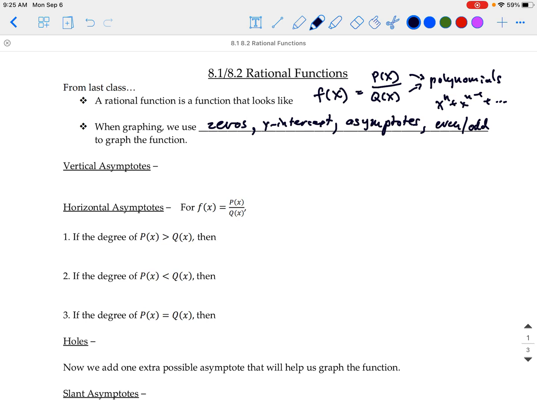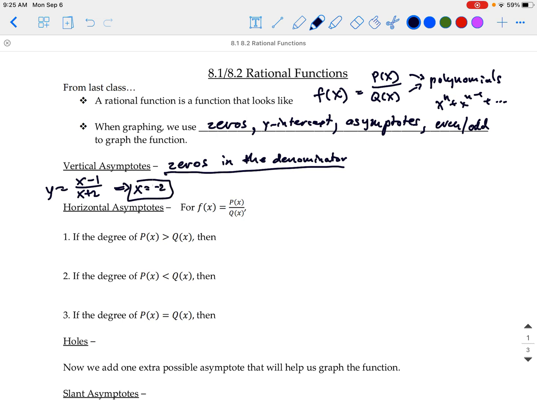So vertical asymptotes are probably the simplest things to find. This is going to be zeros in the denominator. So if I have x minus 1 over x plus 2, then x equals negative 2 would be my vertical asymptote.